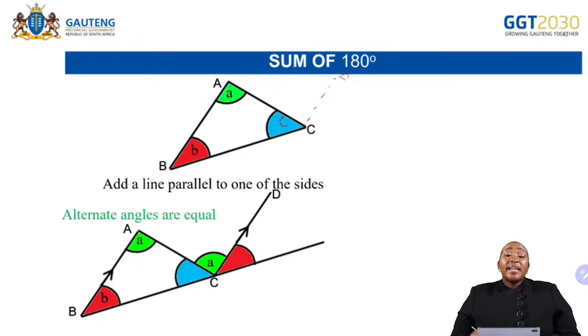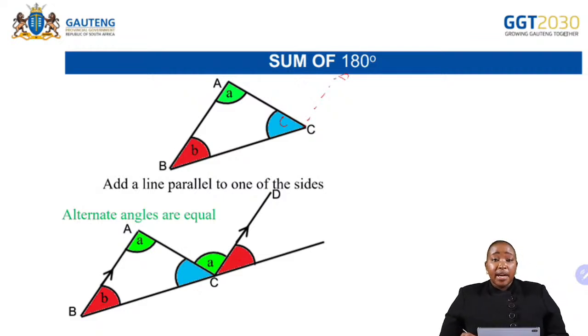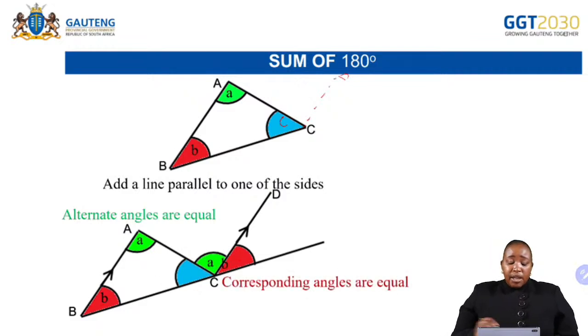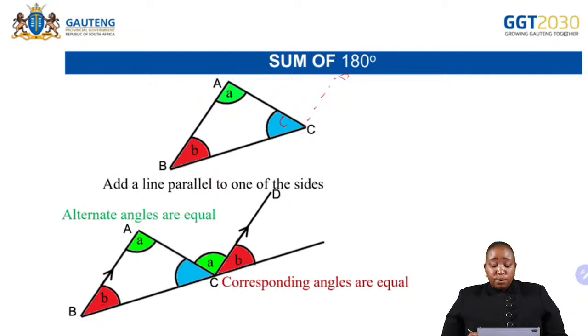What other relationship do you see here? You've got your parallel lines. I trust you notice that there's a corresponding angle relationship between angle B and the angle at the bottom there, so those two angles would also be equal.